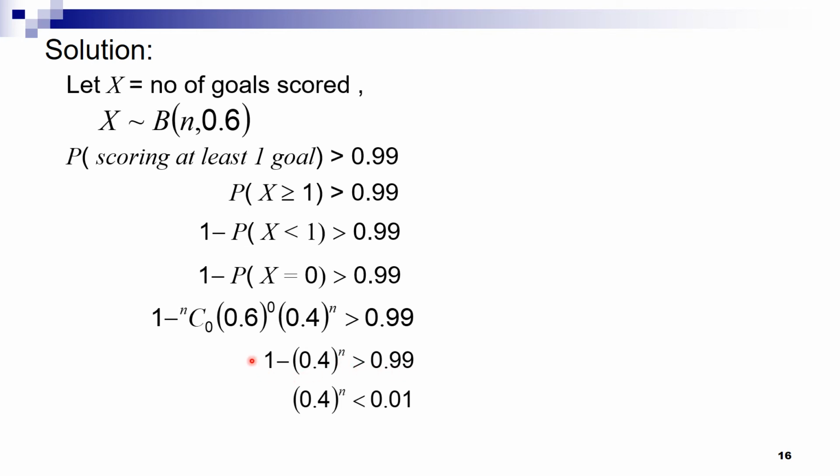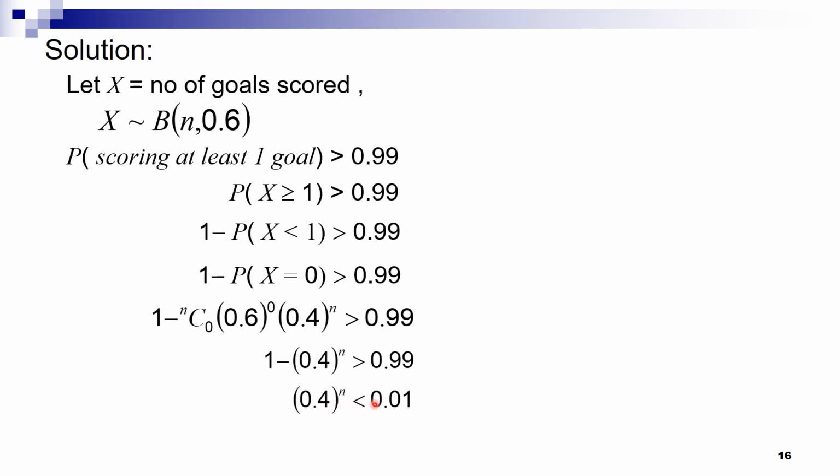Again, when you bring your 1 to the right hand side, we have 0.99 minus 1 is negative 0.01. So we have negative 0.4 to the power of n greater than negative 0.01. So when you divide with a negative value, you have 0.4 to the power of n less than 0.01.